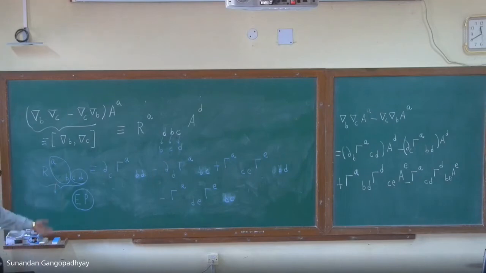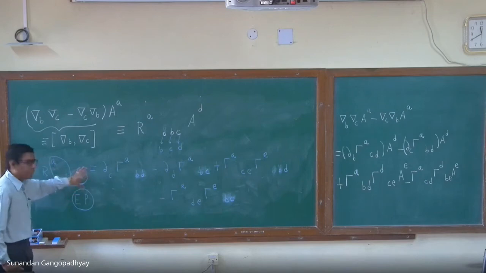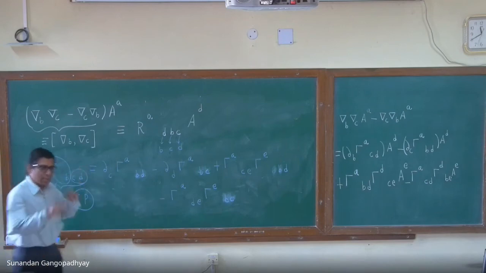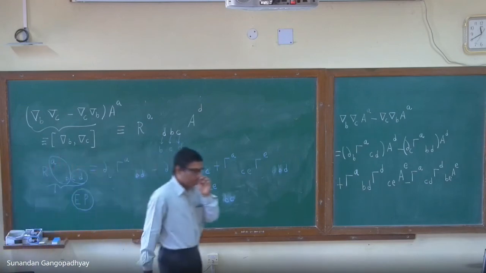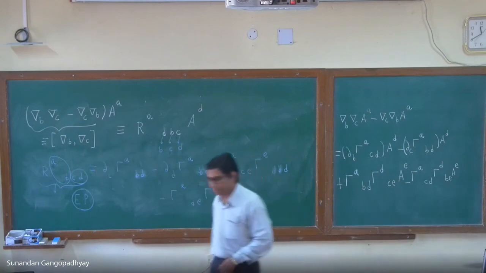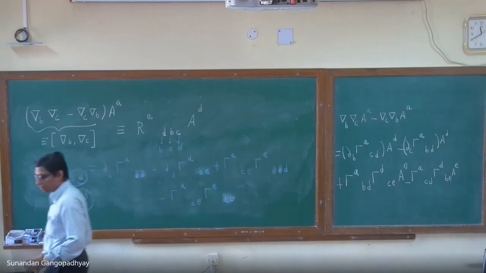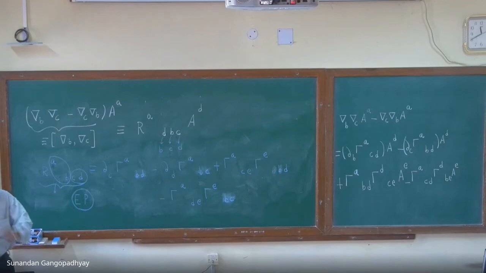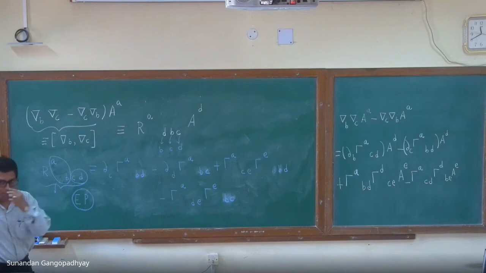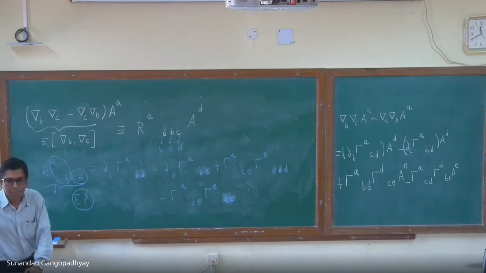One property, as all of you are saying, is that R_ABCD plus cyclic permutations will be equal to 0. What is the way out? Any hint? You have to check whether there are other symmetry properties or not.